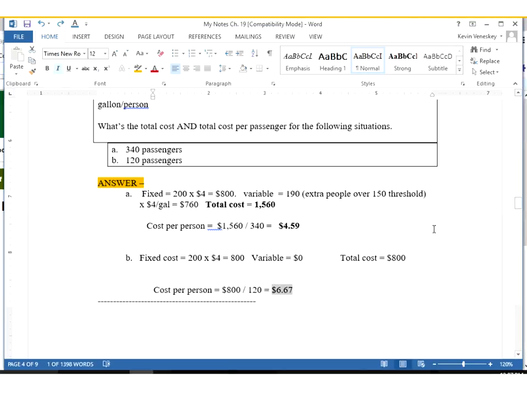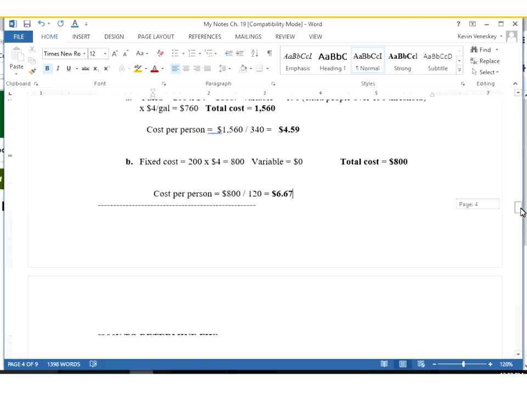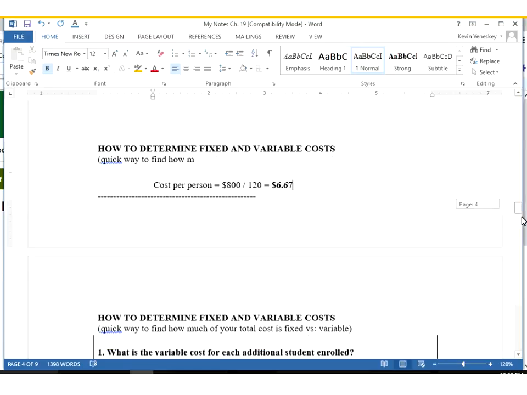So $800 over 120 passengers, my cost per person went quite a bit up. Instead of it being $4.59, because I'm spreading that original cost out over quite a bit fewer people, now it's $6.67. So that's quite a bit higher per person. So it would be best if I had at least 150.